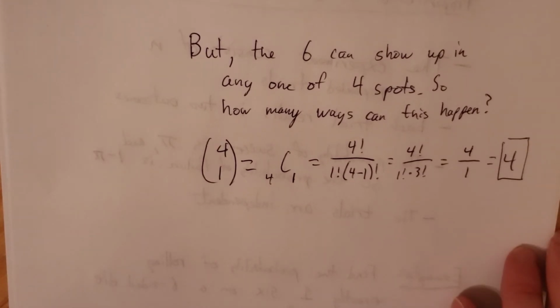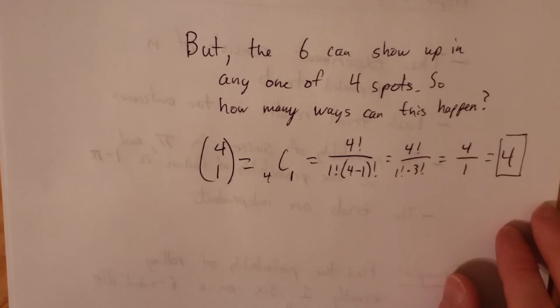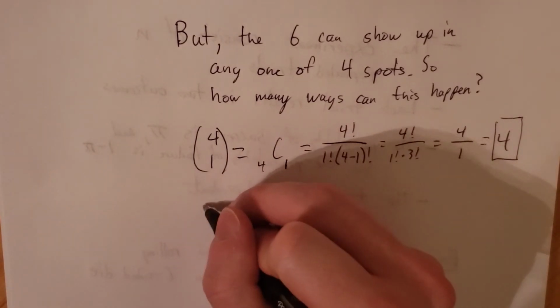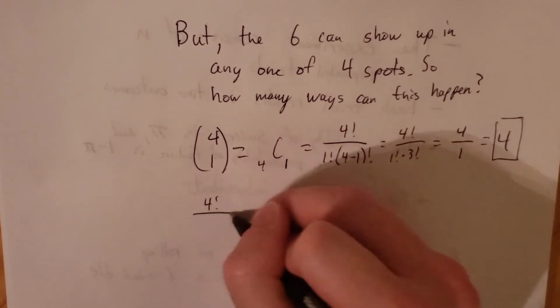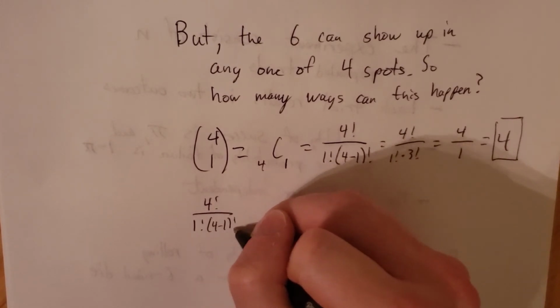So the actual probability of rolling exactly one 6 on a 6-sided die in 4 rolls is 4 factorial over 1 factorial times 4 minus 1 factorial.